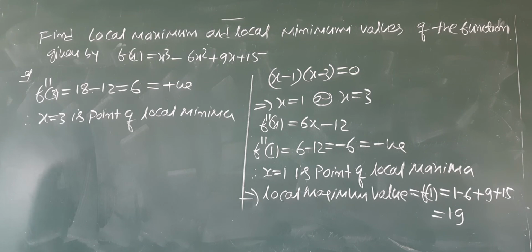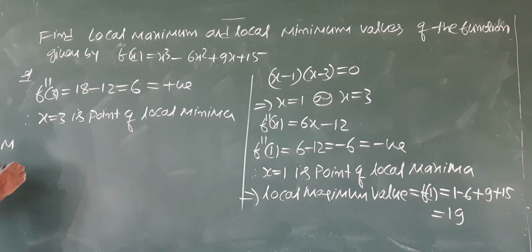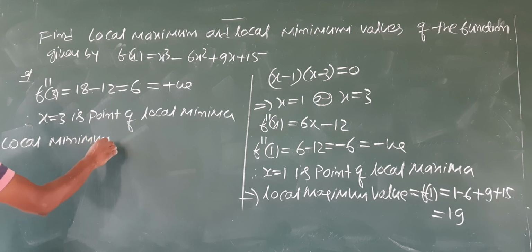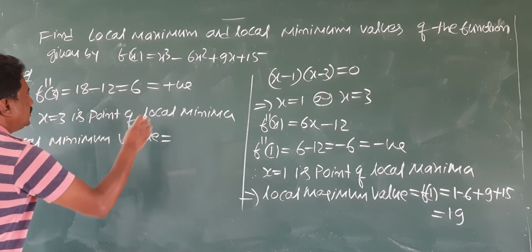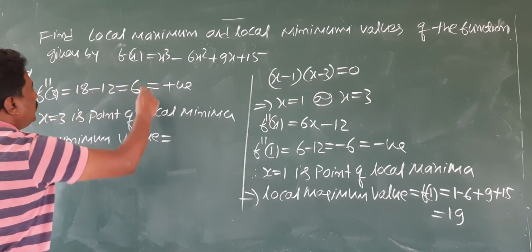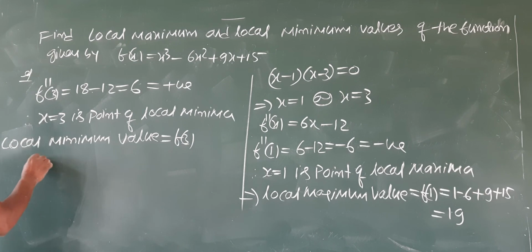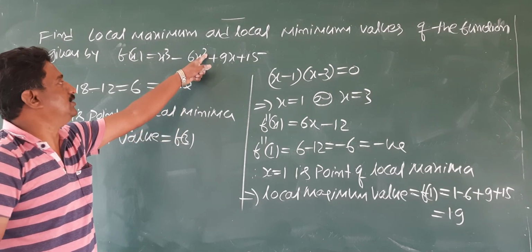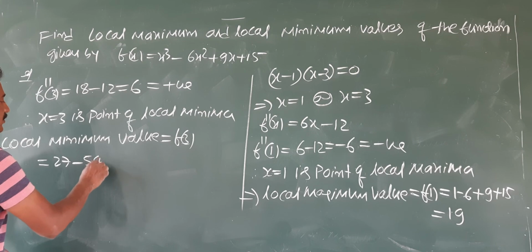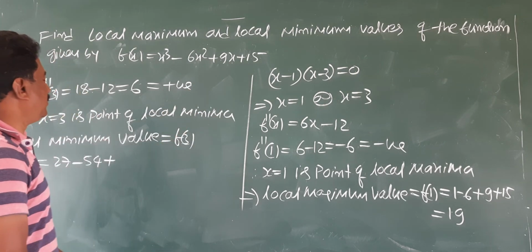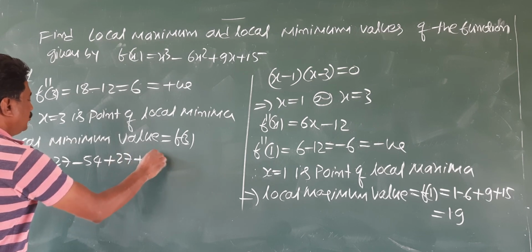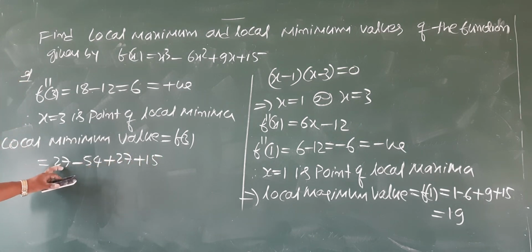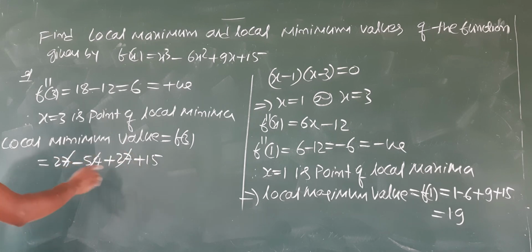Find out the minimum value, students. Local minimum value is f(3), which is 3 cube, 27, minus 3 square 9 times 3, that is 54, plus 9 3s are 27 plus 15. 27 plus 27 is 54, 54 minus 54 cancels.